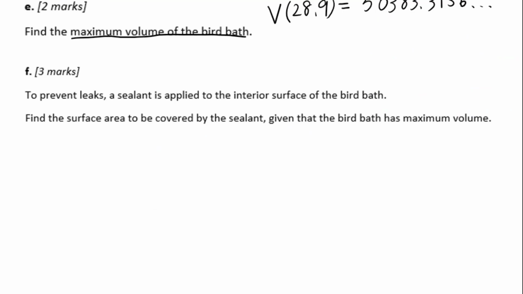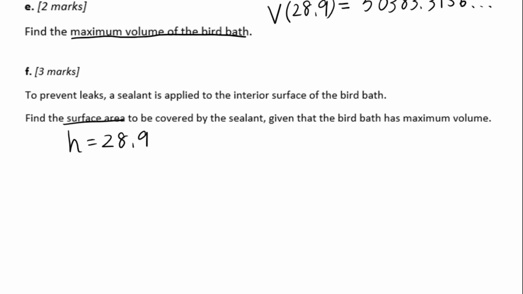Let's go to F. To prevent leaks, a sealant is applied to the interior surface of the bird bath. Find the surface area to be covered by sealant, given that the bird bath has maximum volume, which means H equals 28.9.